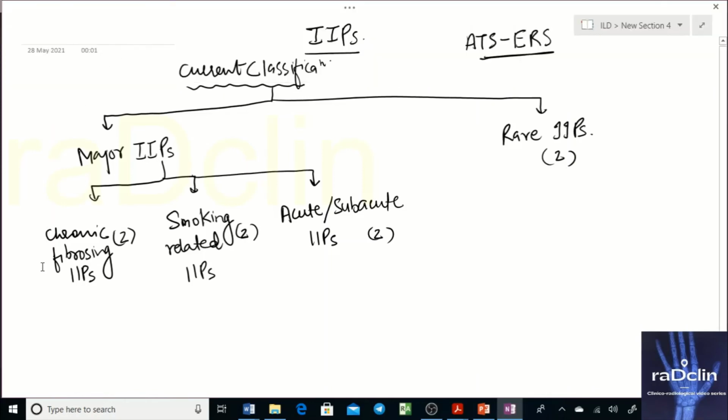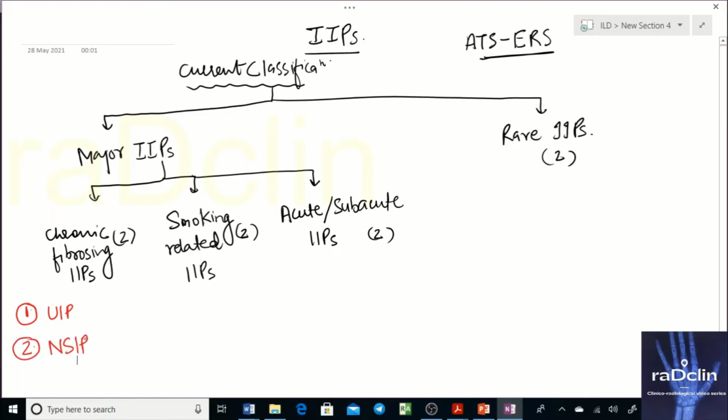Among chronic fibrosing IIPs, we'll be discussing the first and most important, which is your UIP, usual interstitial pneumonia. Second chronic fibrosing IIP would be NSIP, that is your non-specific interstitial pneumonia.